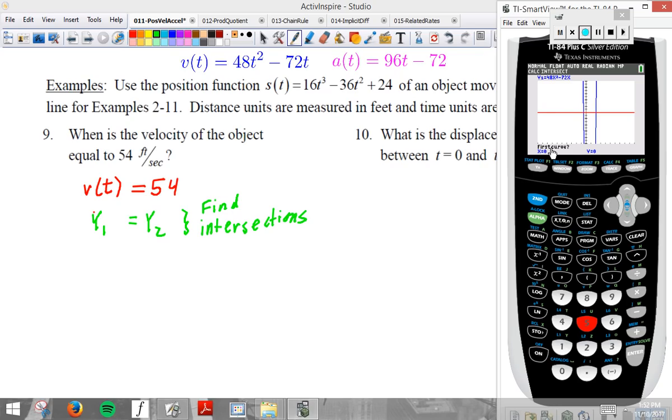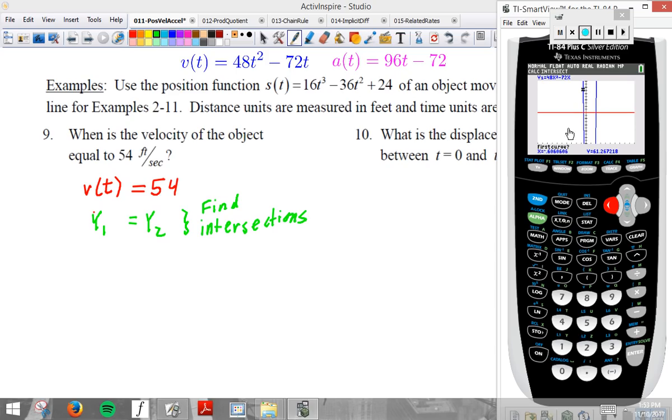So now they're asking you, which is my first curve? It's hard to see which function we're on. My calculator tells me right up here, we're on y1. You can scroll around and see what's happening, but either way, our cursor is off the screen until we get to about 61.